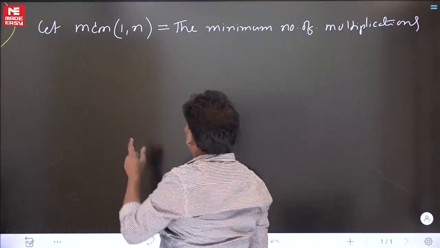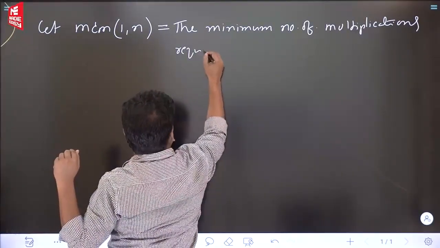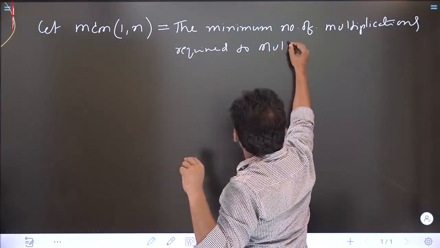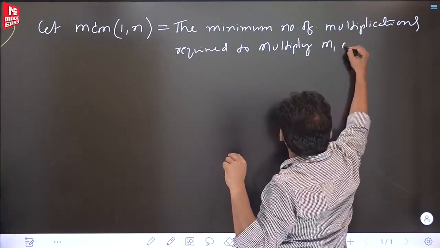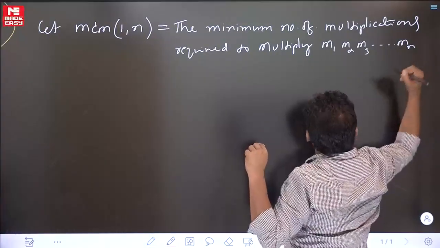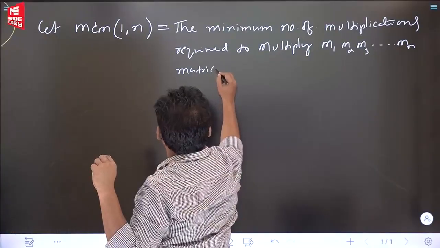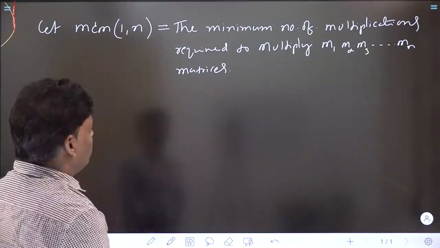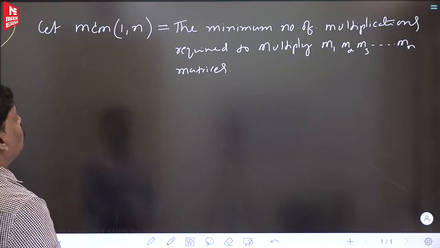MCM of 1 comma n is equal to the minimum number of multiplications required to multiply m1, m2, m3 and so on, mn matrices.